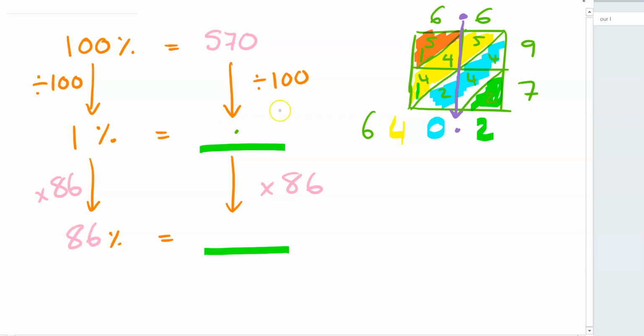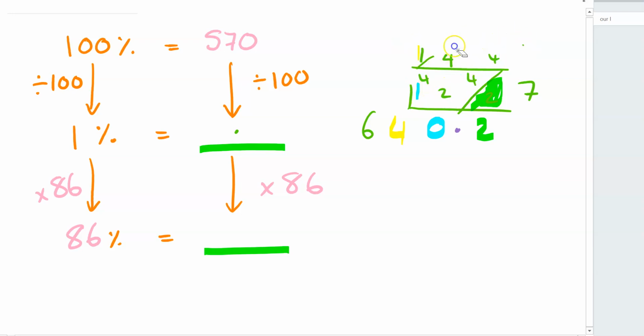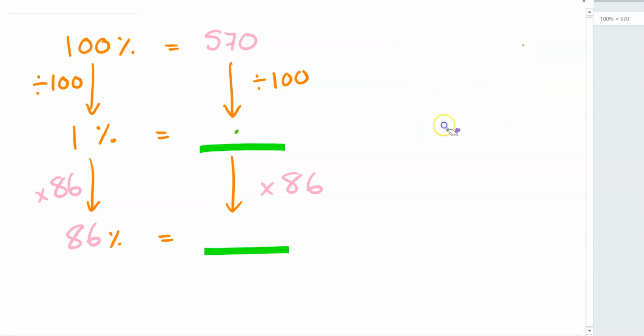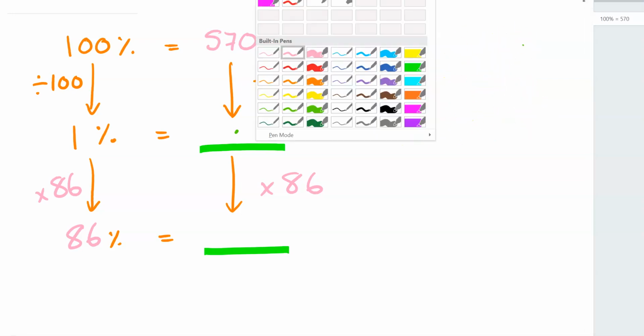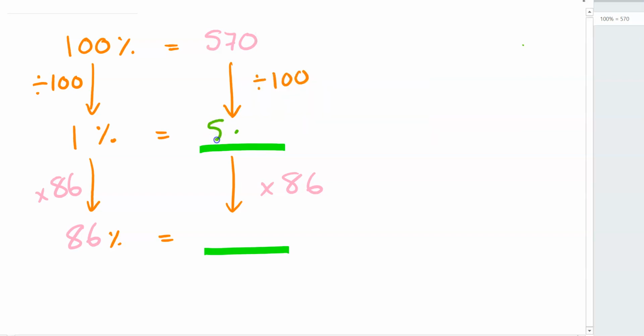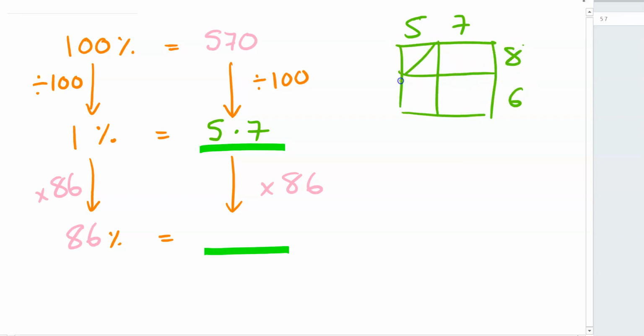So the calculation becomes 570 divided by 100. So that's 5.7, and then we want to times that by 86, so 57, 86, oh Lord, there we go.